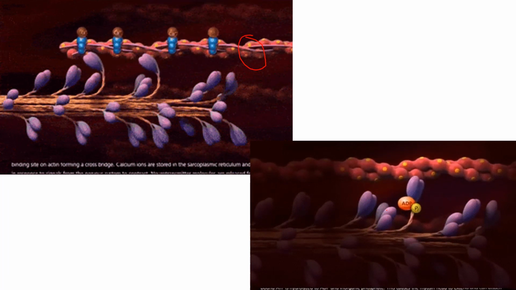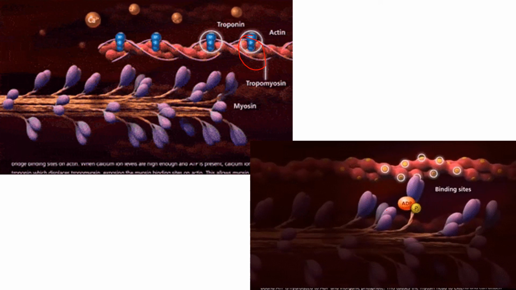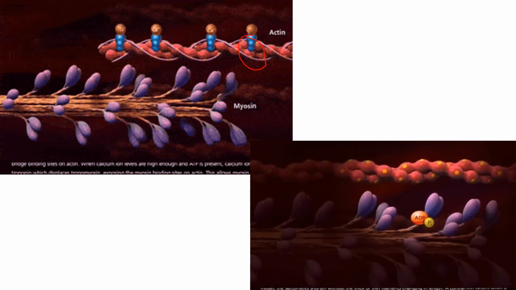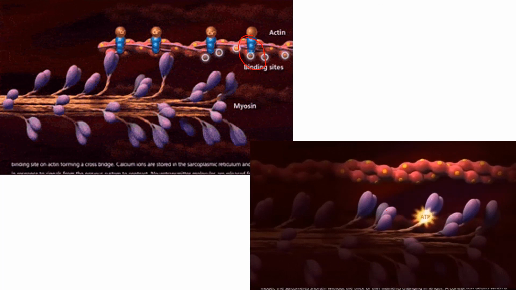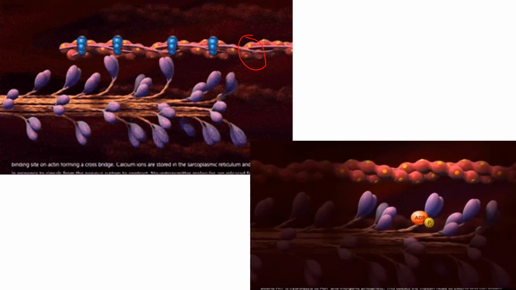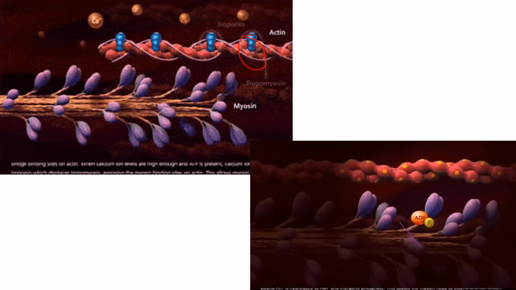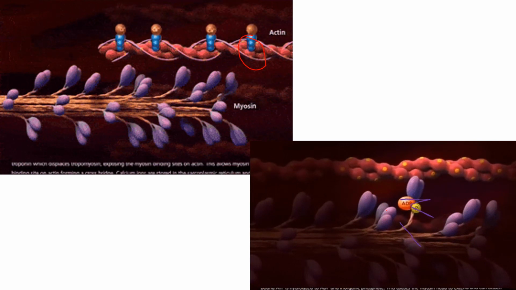So when this cross bridge occurs, the binding of the myosin head to the actin, this triggers what is called a power stroke in the myosin head. So at those very important bending sites that we talked about in the myosin, we have this one right here, and we also have this one up here.